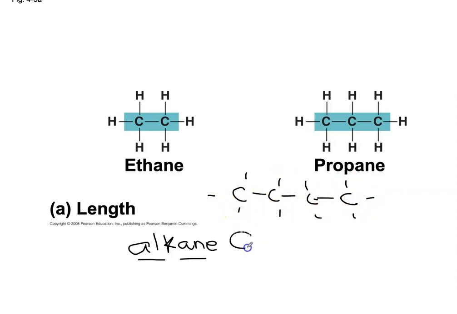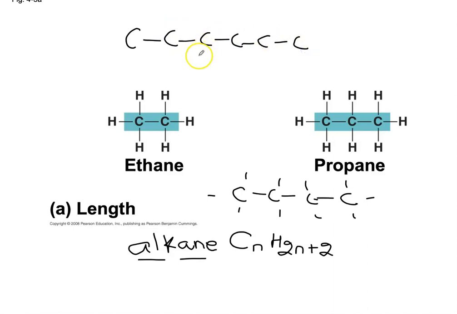The generic formula for this is CnH2n plus 2. So if I have 6 carbons, all single bonded to each other, then I would call it hexa for the fact that it is 6 carbons, and ANE from here to indicate that it has all single bonds.